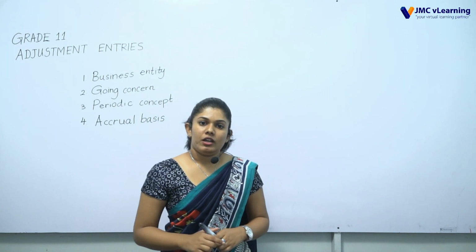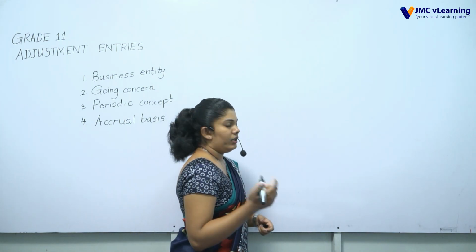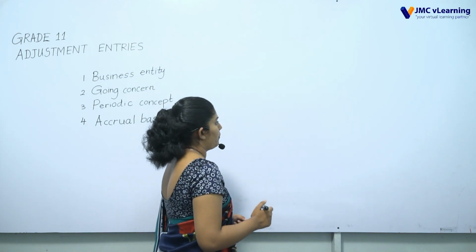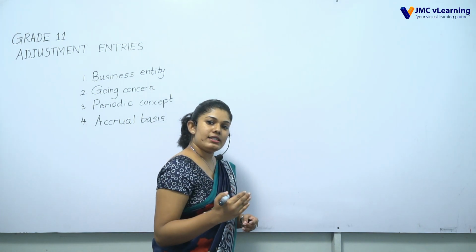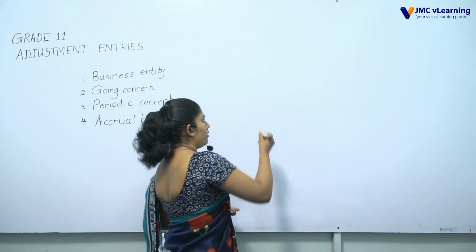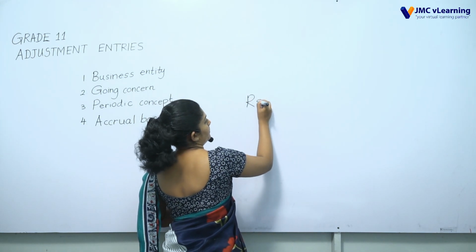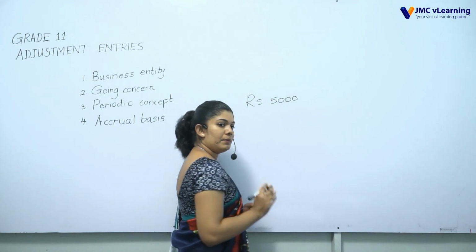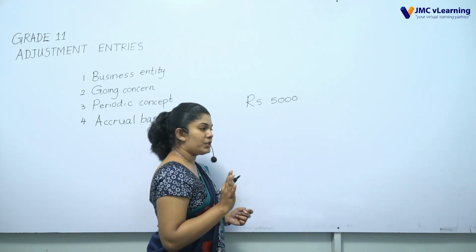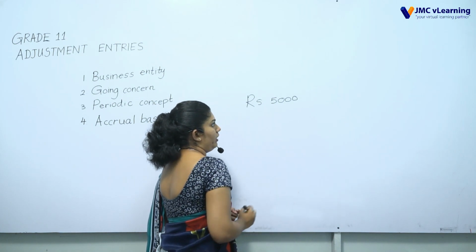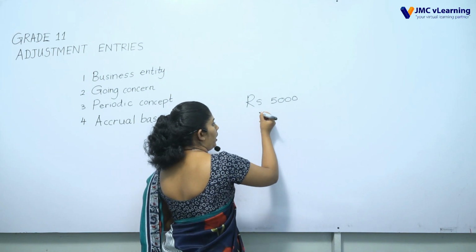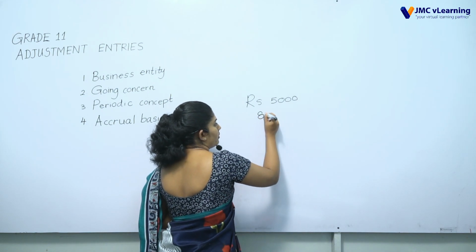Example, let's say we have a fixed deposit. We have a fixed deposit, then we get an interest of 5,000 per month. So, in this year, we only receive interest for 8 months.